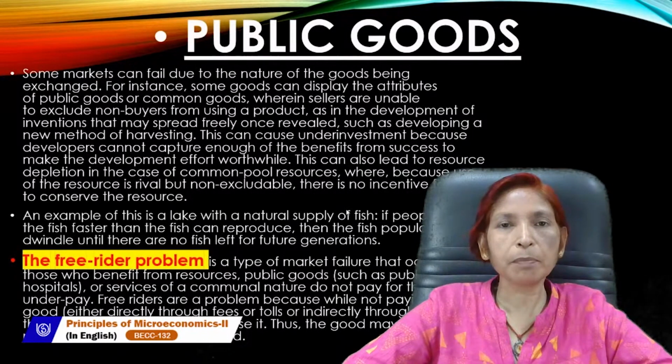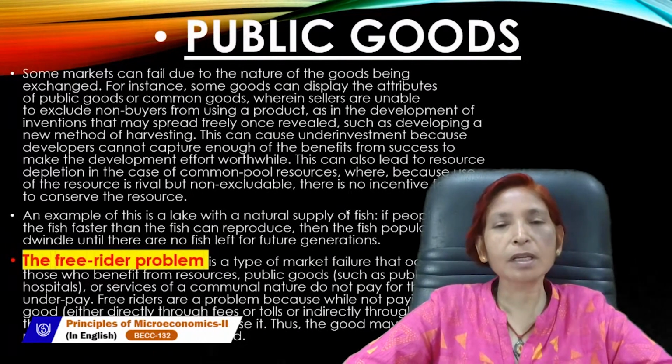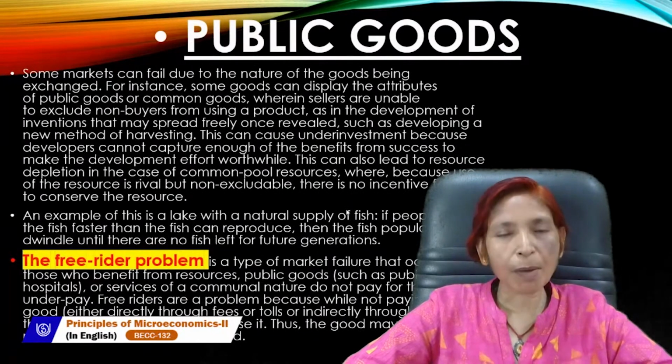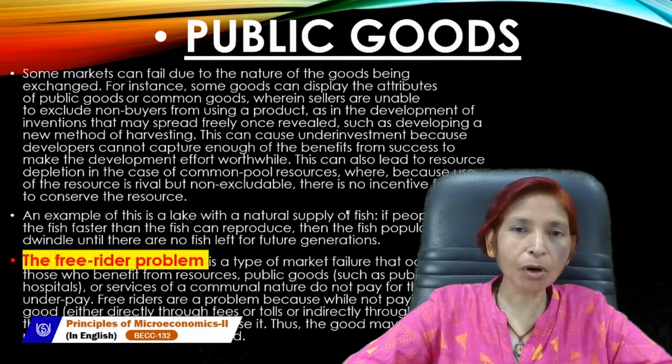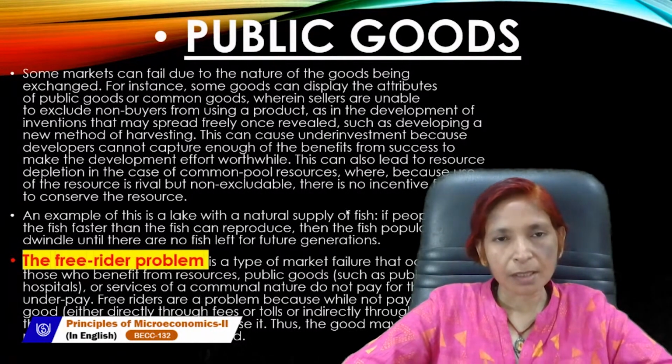In the case of common pool resources, public goods are also known as collective consumption goods. Public goods are also known as common pool resources. Public goods are also called non-excludable goods or non-rivalrous goods.